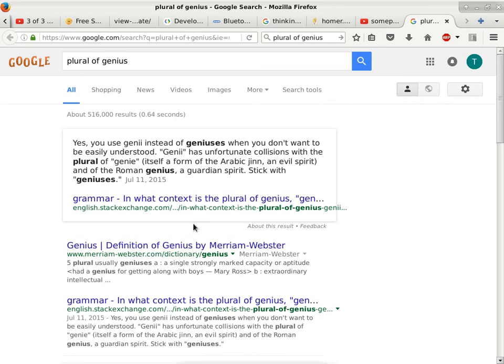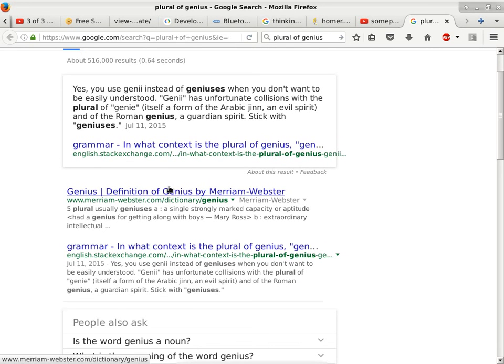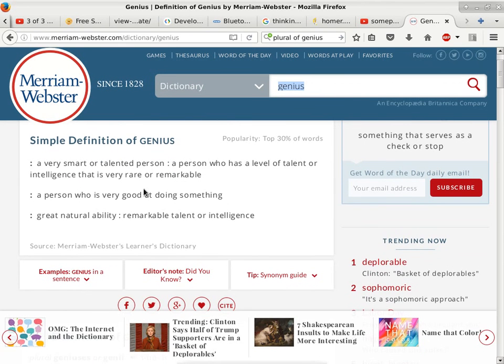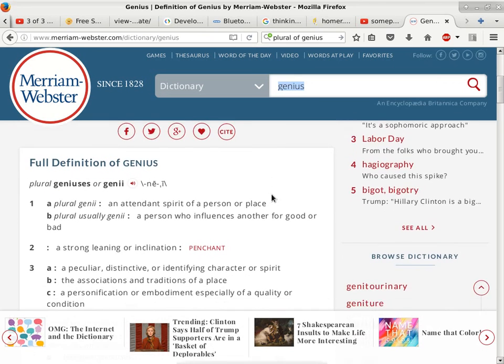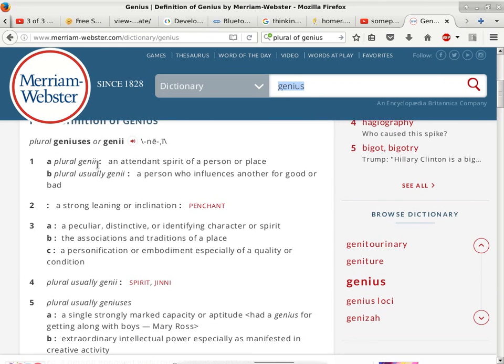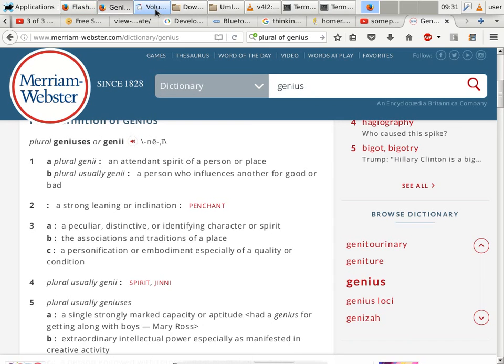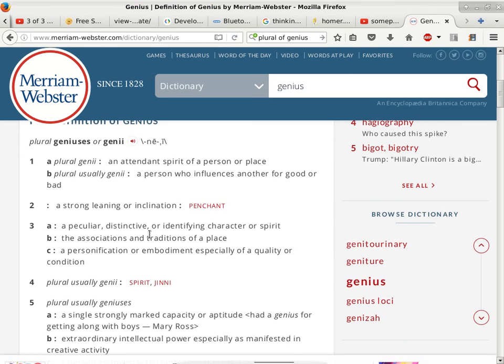But this is from Stack Exchange, I probably should refer to Webster for the definition. Does it say about the plural? Genii or geniuses. Of course, that doesn't work because I did not turn on the volume. Okay, anyway.